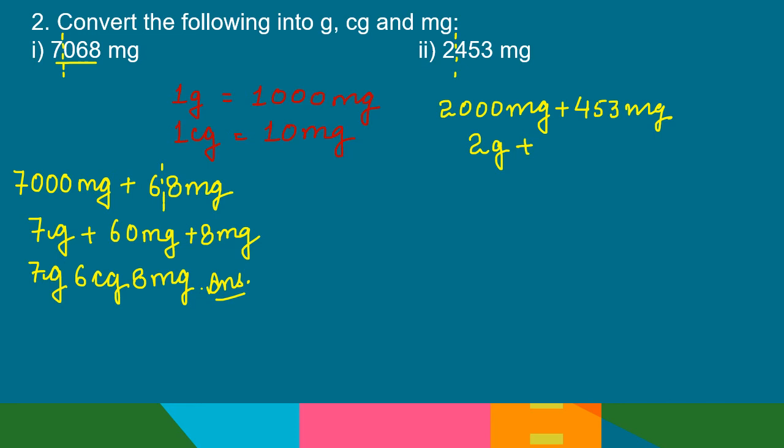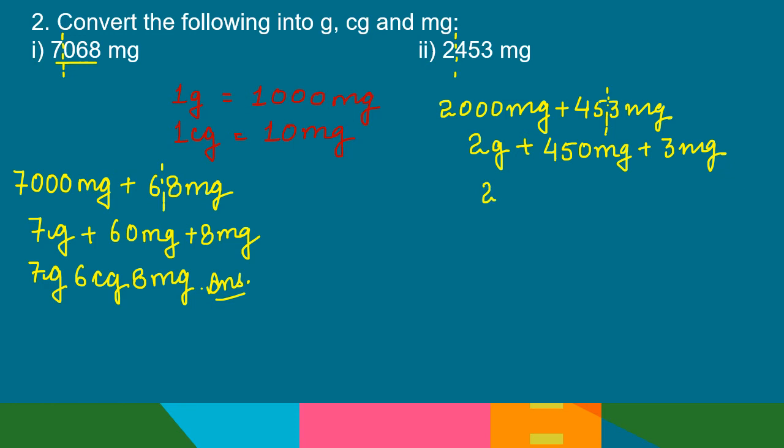Now at ones place we have 3, so we have to separate this from the tens place. So it will be written as 450 milligram plus 3 milligram. We can write 453 as 450 milligram plus 3 milligram.